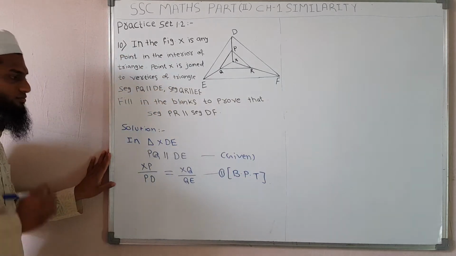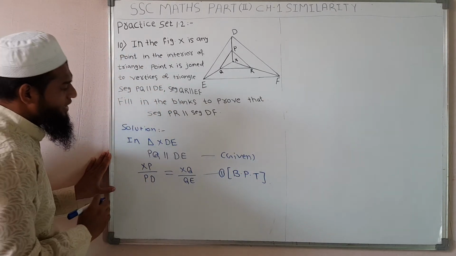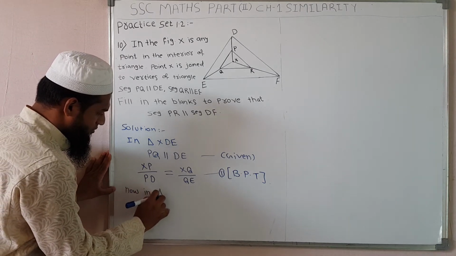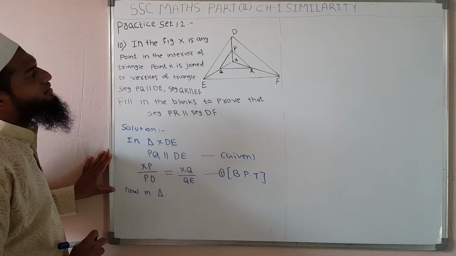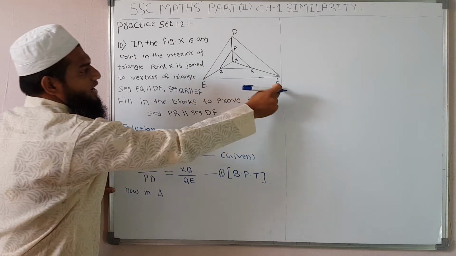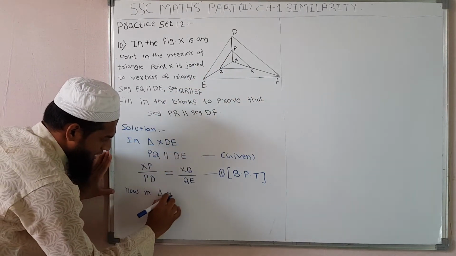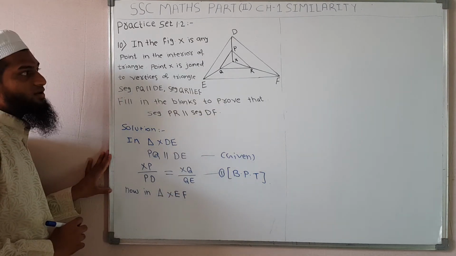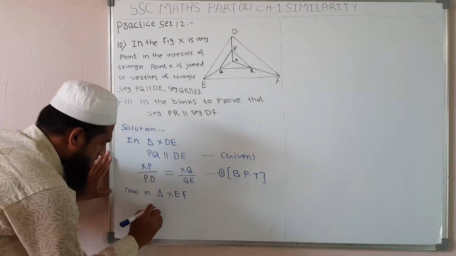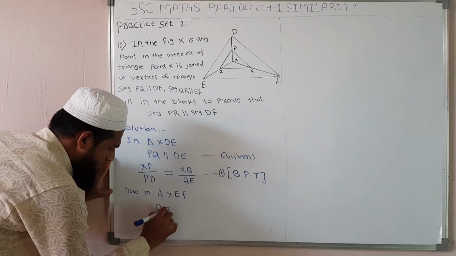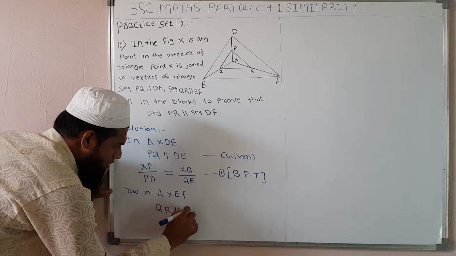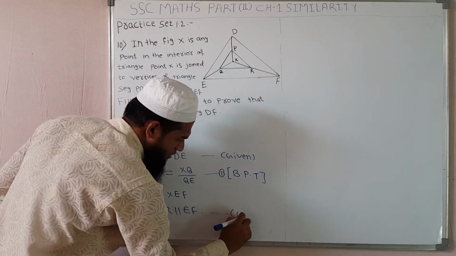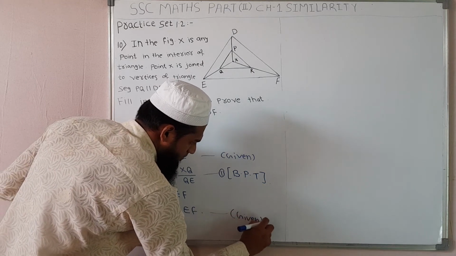Now in triangle XEF, what is given? QR is parallel to EF. This is given.